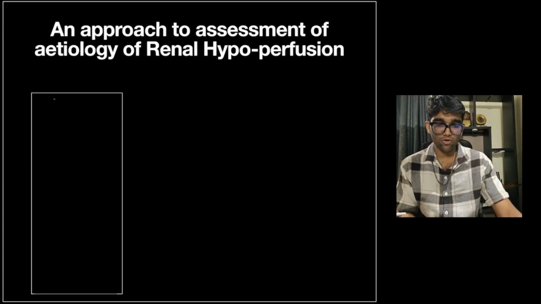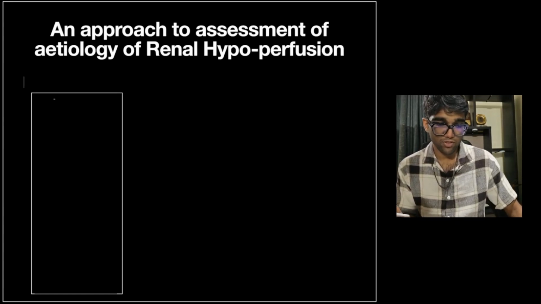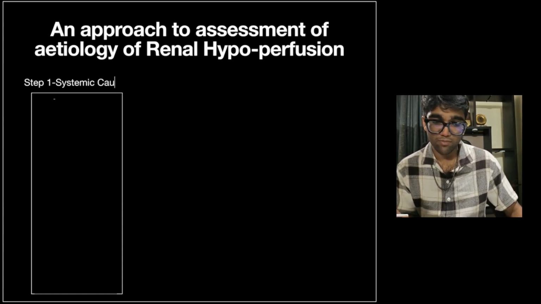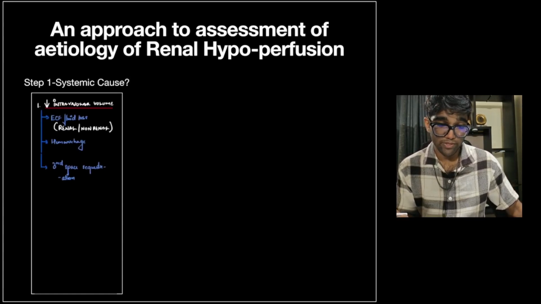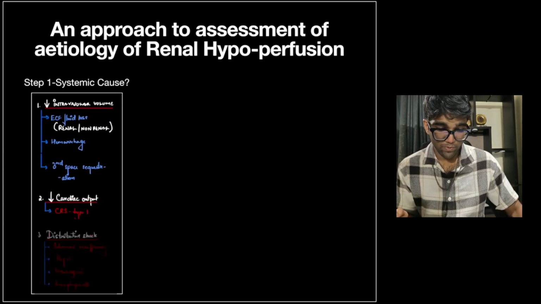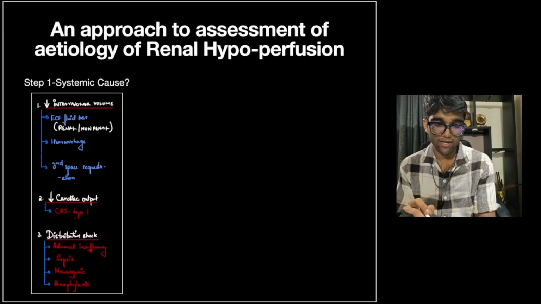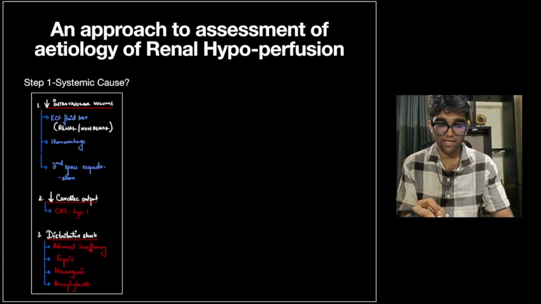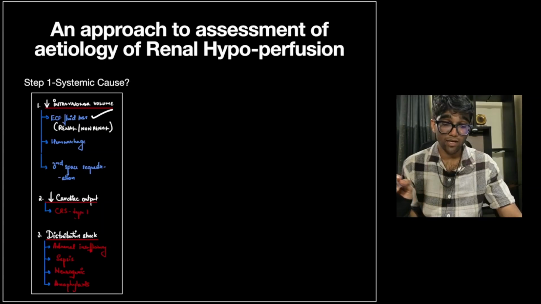So clinically, how do we approach a case of renal hypoperfusion? The first step is you consider the possibility of systemic causes. Systemic causes could be decreased intravascular volume, decreased cardiac output, or a distributive shock. Intravascular volume reduction can be expected if there is ECF fluid loss, which could be either through the kidney or from another site, like vomiting or diarrhea.